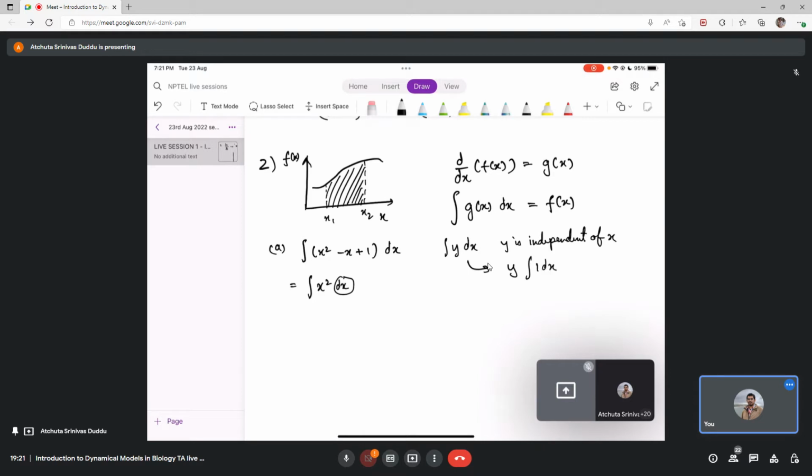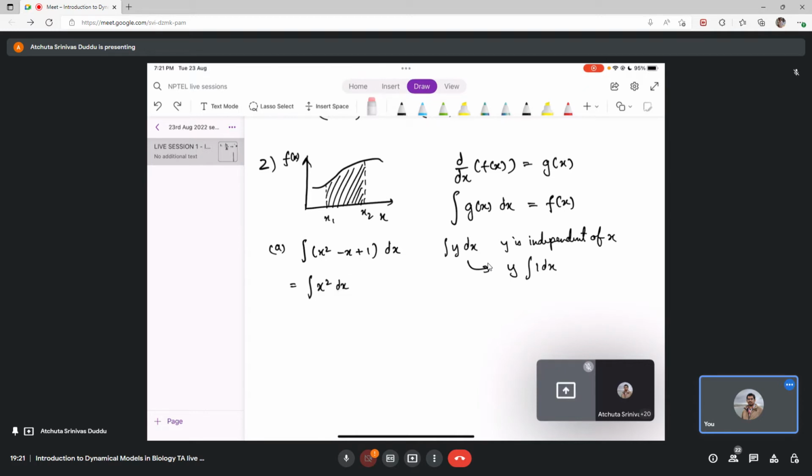You can just consider that as a constant and bring it out if y is not depending on x. So this dx does matter. You cannot forget that; if the function inside is not a function of x, the integral loses its meaning in a sense, right?